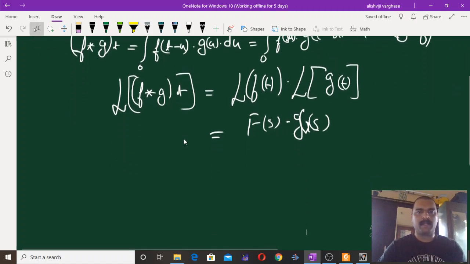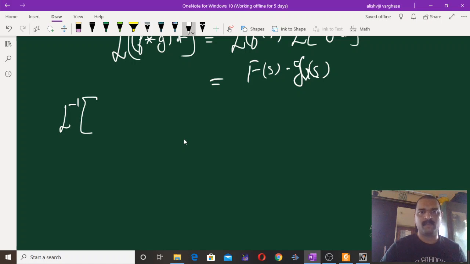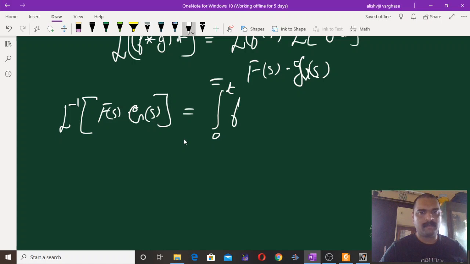Then the main application of this particular result is to find the inverse Laplace transform of a product of two functions like F of s into G of s. That is, the inverse Laplace transform is the convolution of f of t minus u into g of u du.